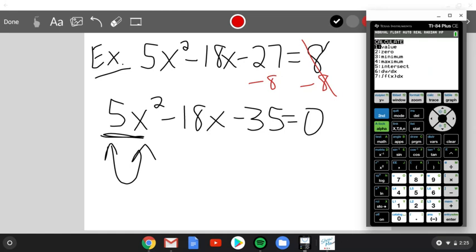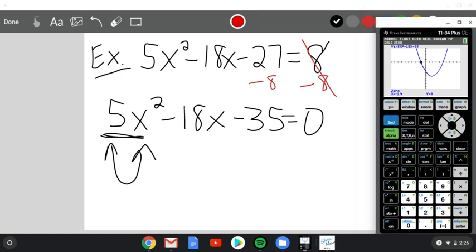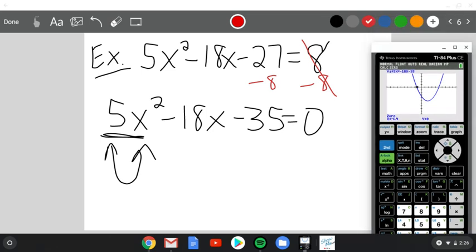Second trace, choose 0. Going to go to the left of where it crosses, enter. Come on, enter. There we go. Then to the right, and enter when it says guess. So negative 1.4. Hang on. I'm trying to change colors. Okay, there we go.